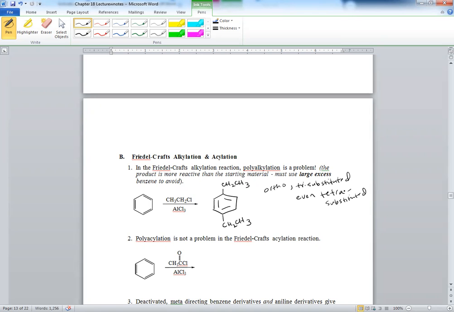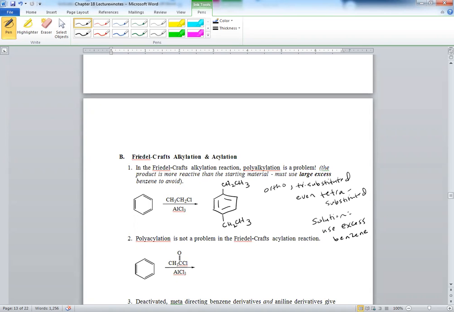meaning you add 4 of these groups. So the solution to this is to simply use excess benzene so that you would have enough benzene to react with these ethyl chloride groups. Once again, the reason why is because these are activating groups.